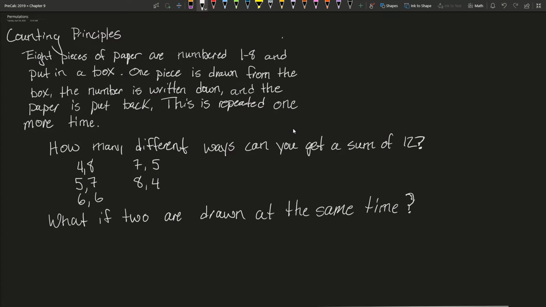So in those orders, we can get sums of 12. Again, that first column shows the first pieces of paper in blue and the second pieces of paper in red. I know this seems kind of simple at first, but does everyone understand what I just did?